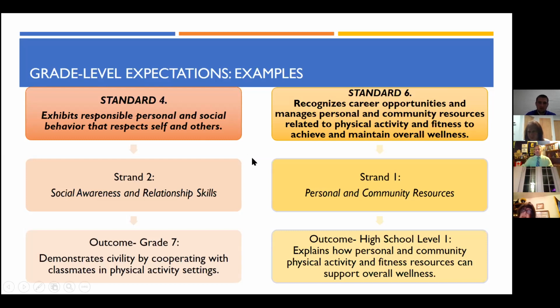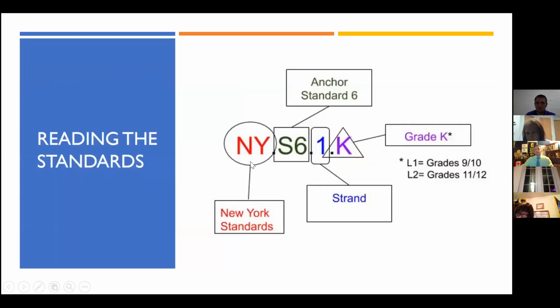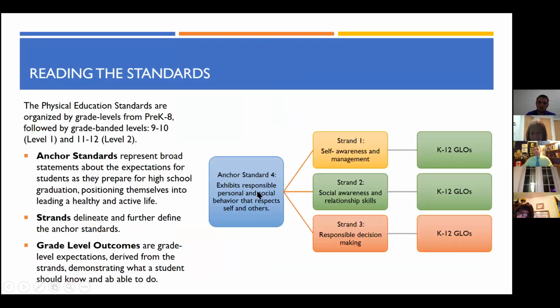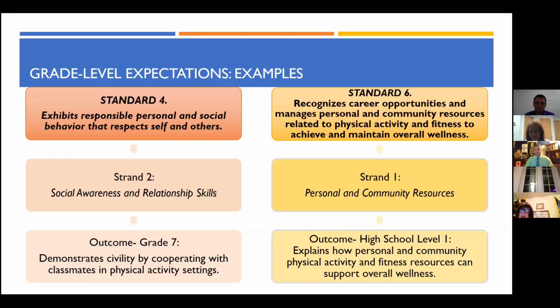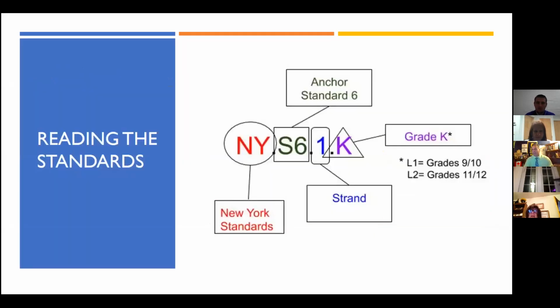support overall wellness. So one thing to keep in mind is that our K through 12 GLOs are K through 8 really, and then level 1 refers to grades 9 and 10, and level 2 refers to grades 11 and 12. From a coding and abbreviation standpoint, the committee wanted to come up with a streamlined process for coding, and that's what we've been able to do.